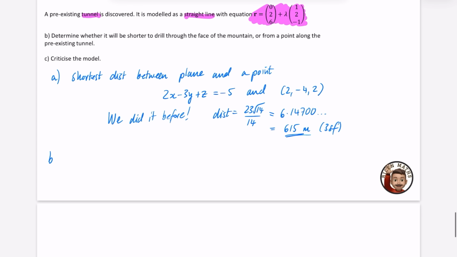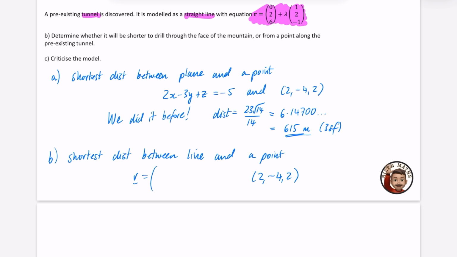So for part B of the question, we are actually looking for the shortest distance between a line and a point. The point is the same one. It's where the aliens we think are going to be, the (2, -4, 2). The line is the (0, 2, 6) plus lambda (1, 2, -1).